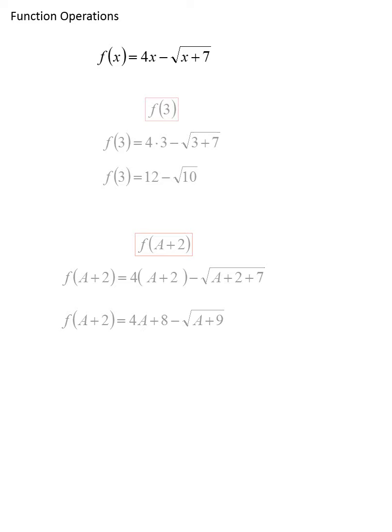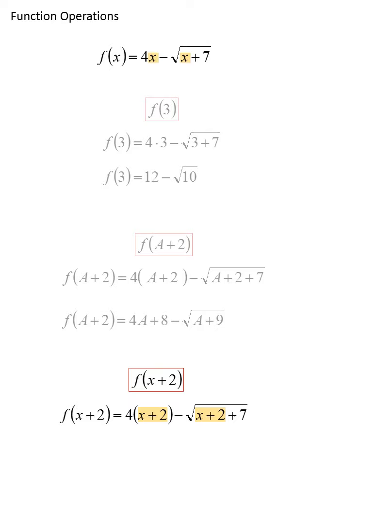Suppose we were given the same function and asked yet a different question, f of x plus 2. And this isn't very much different than f of a plus 2 that we just finished. It can be a little strange though, because what you're going to do here is, as before, replace x with our new input to our function, x plus 2.